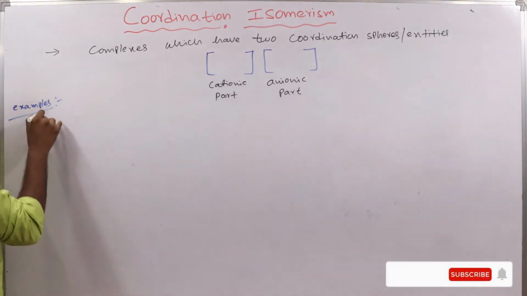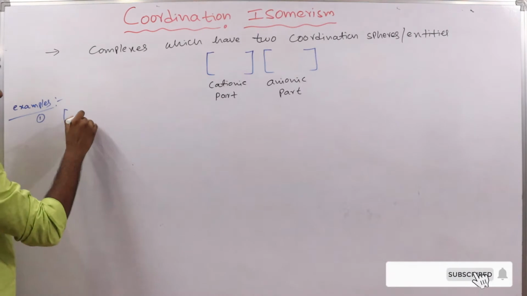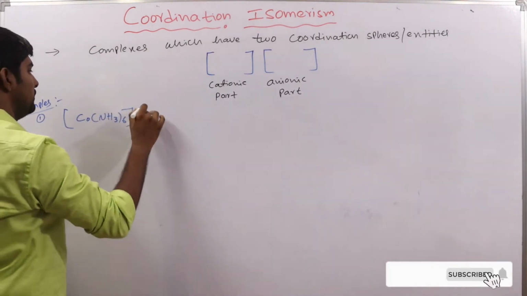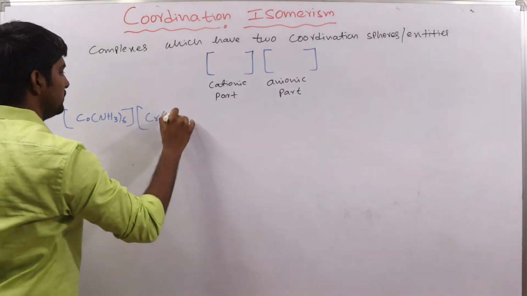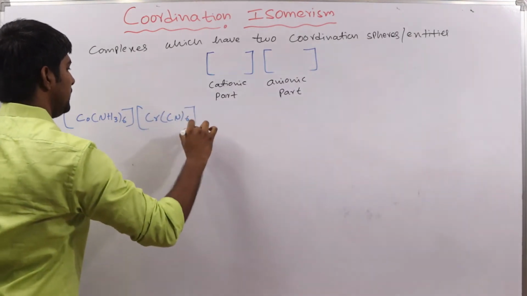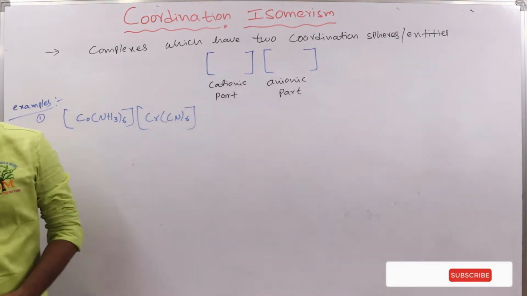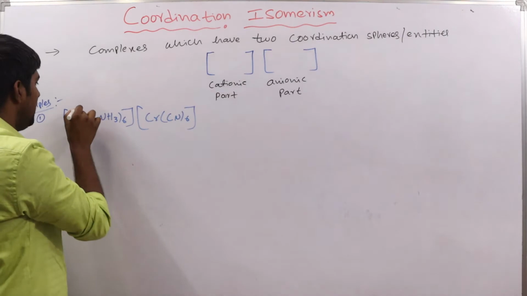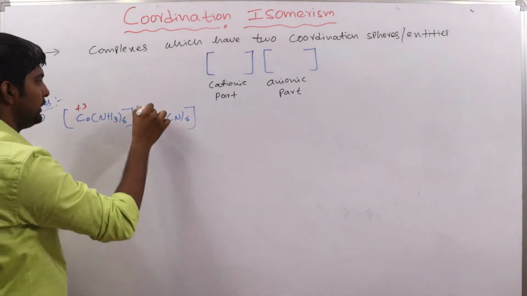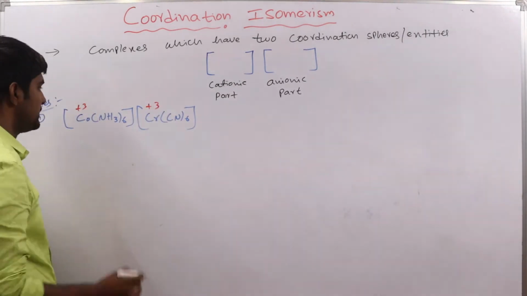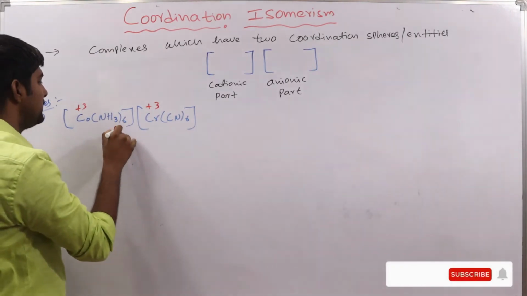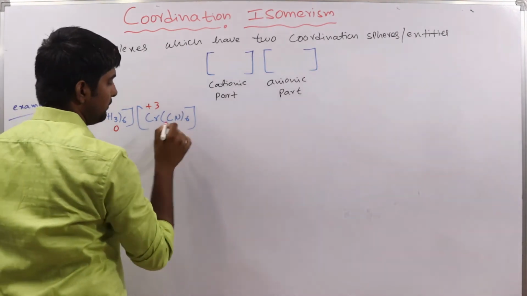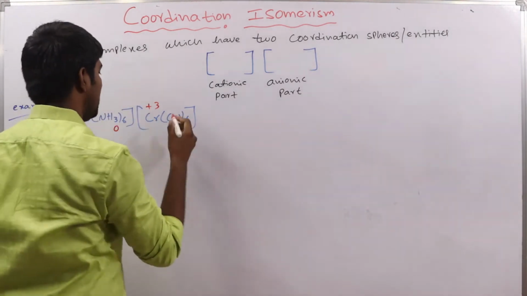So first, let us take one complex. This is the complex which we are considering here. Now see here, this cobalt has +3 oxidation state, chromium also +3 oxidation state, and here this ammine is the neutral ligand, so 0 charge, and here cyanide carries -1 charge, that we already discussed.